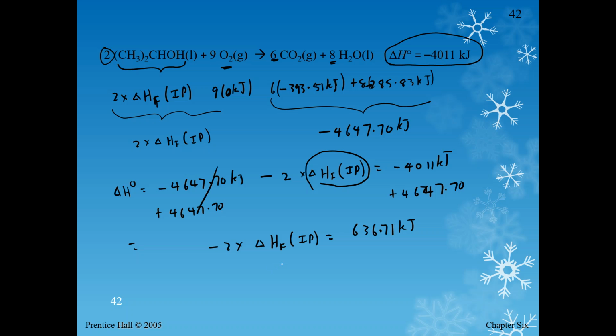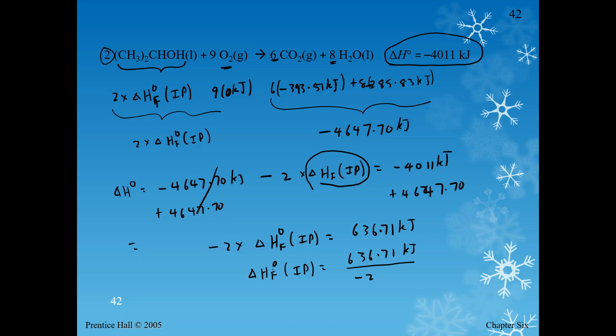So that means that delta HF, hold on, down here, delta HF for standard, I should put the little O here, just to be accurate, for isopropyl alcohol is going to be equal to 636.71 kilojoules divided by minus 2.